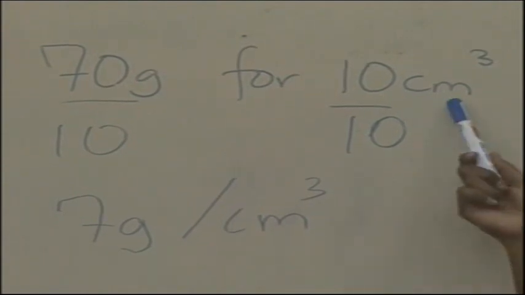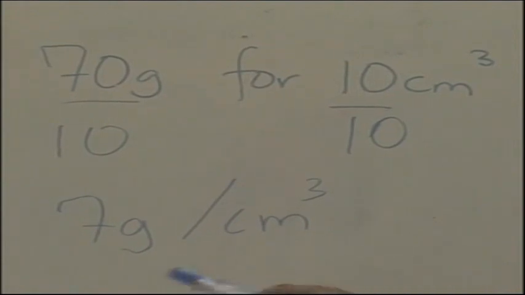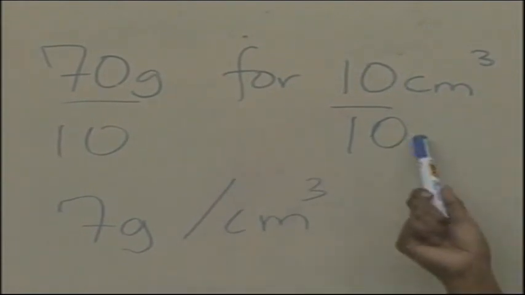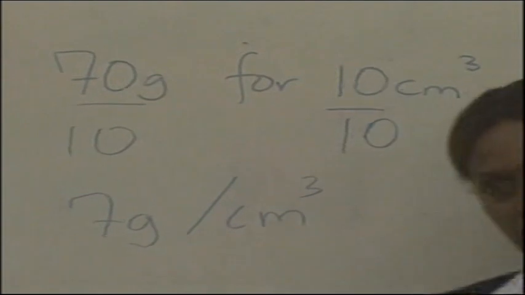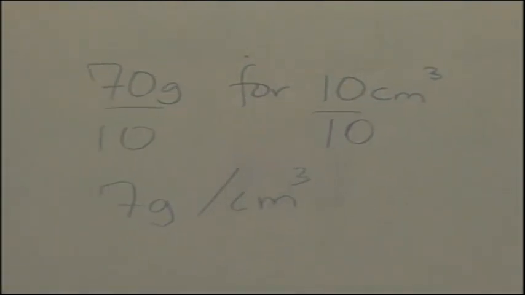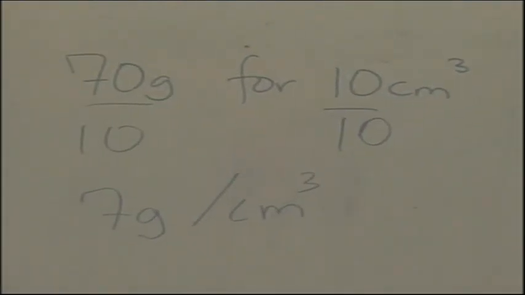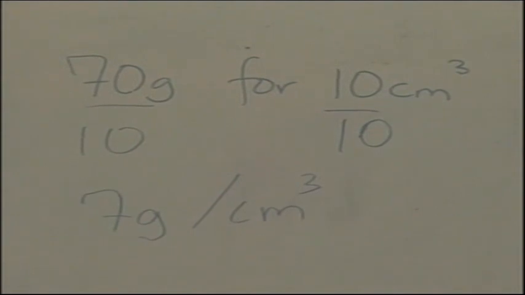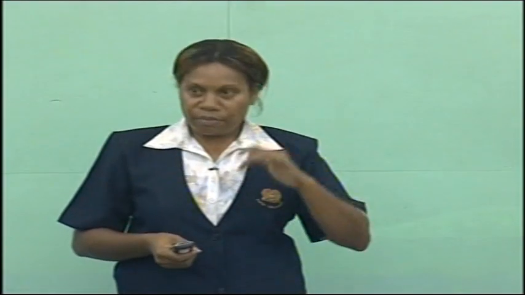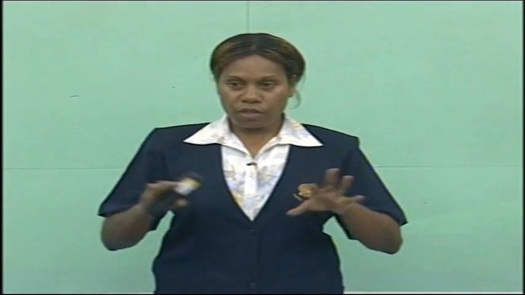So if it's 10 cubic centimeters, we are multiplying by 10. 7 times 10 is 70 grams. Okay? All right, so I reminded you in our previous lesson that you can simplify rates just like ratio, just like fraction. You can simplify and come up to the fixed rate.